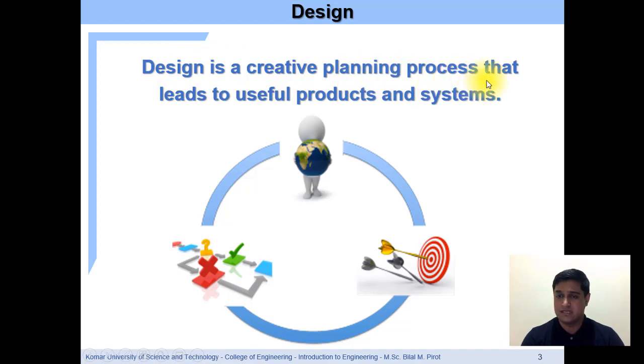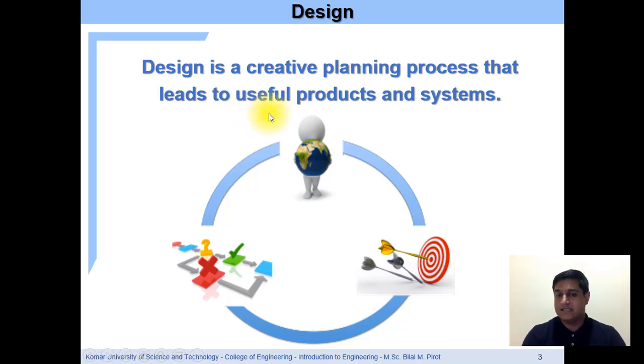So now we know that design is a creative planning process. So what is the result? The result is it leads to useful products and systems. When you are planning for producing something, the result is a product. The result is a system. The result is a service. The result is an accomplished project. So design can lead us to some useful services that people can use, that simplify the life of every individual in the society.